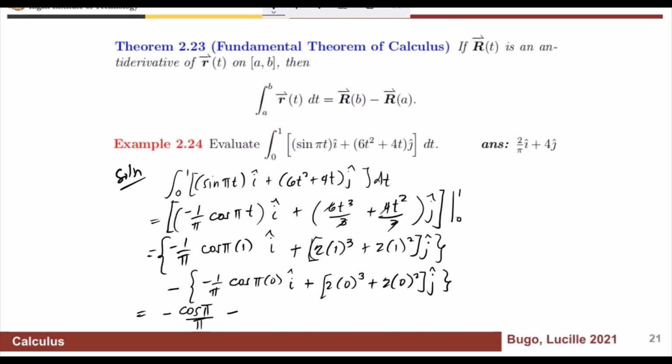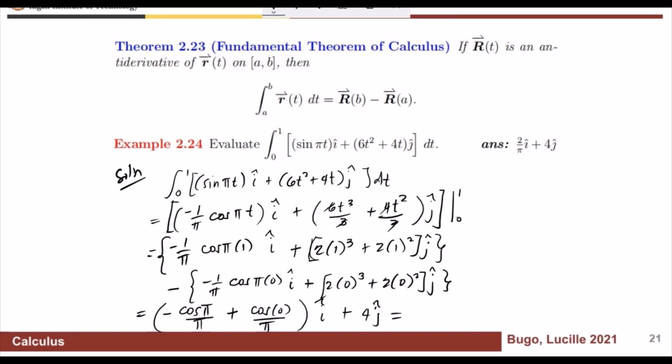minus, so we'll just take a look at the terms with the i hat. So we'll have negative 1 over π cosine π minus negative 1 over π cosine 0, or plus cosine 0 over π, i hat, and then we'll have plus 2 plus 2, so that's 4 j hat, and on the second group we have just a 0 j hat, so that will simply be 4 j hat.